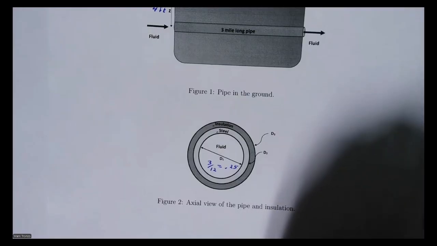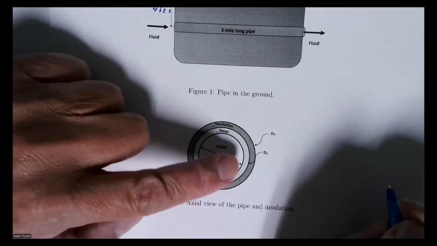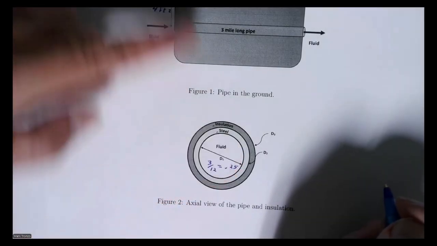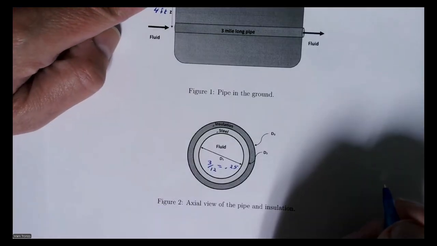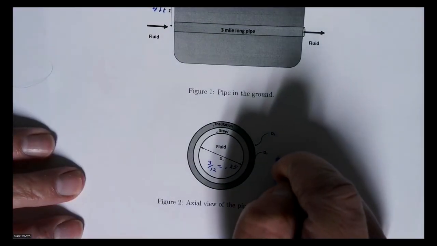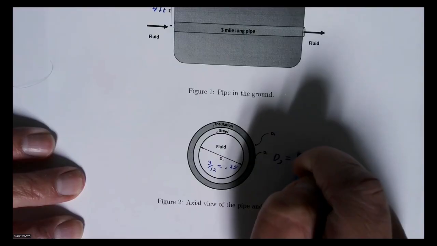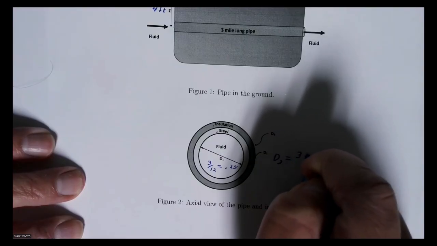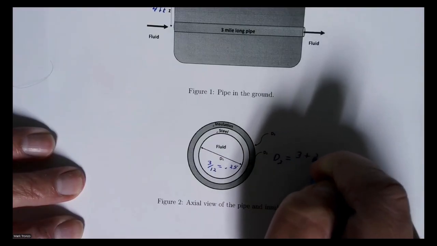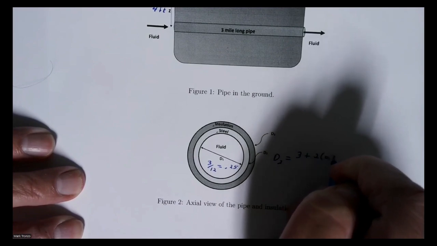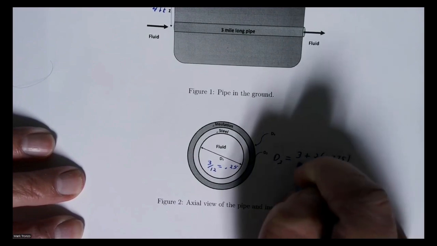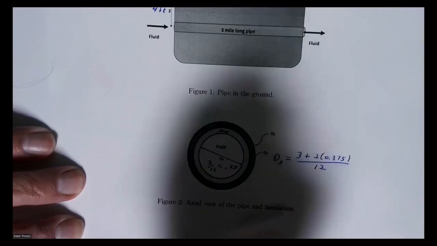And then that's D1. And then D2, the thickness of the pipe is 0.375. So for D2, we're going to have 3 inches plus 2 times 0.375 and divide that by 12.